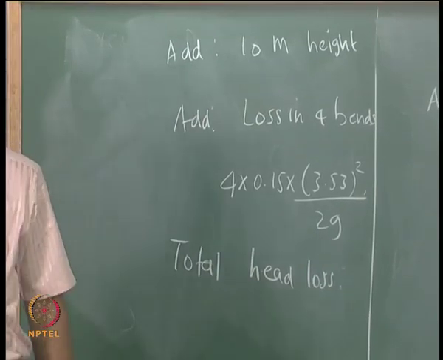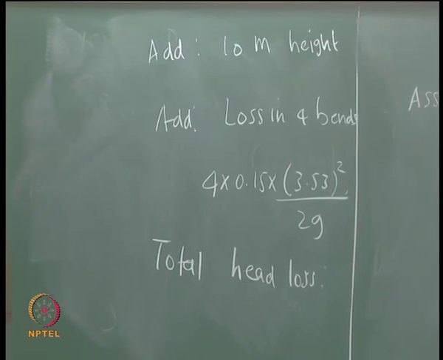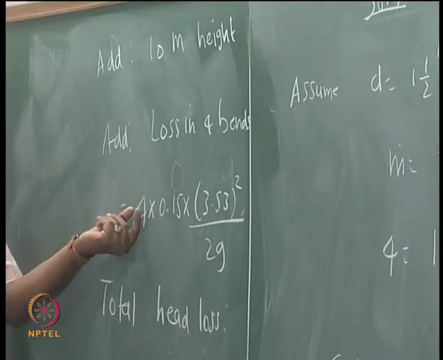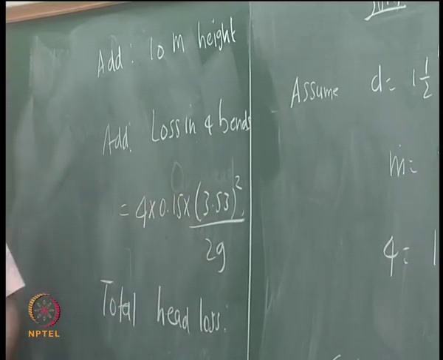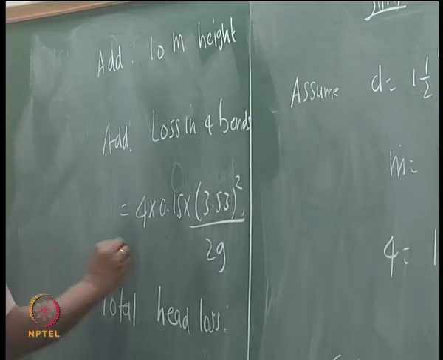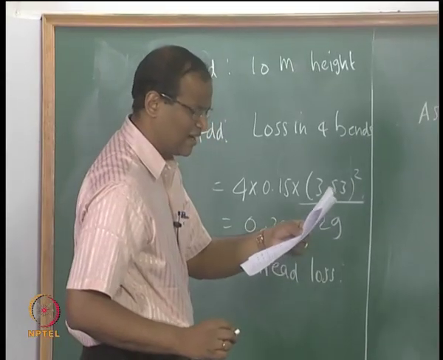Total head loss is 73.8 plus 10 plus how much is this? 4 bends, 4 K V square by 2 G. How much was that? 0.38 meters, na? Total head loss is 73.8, is correct.